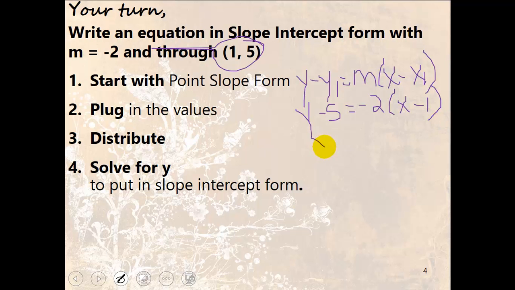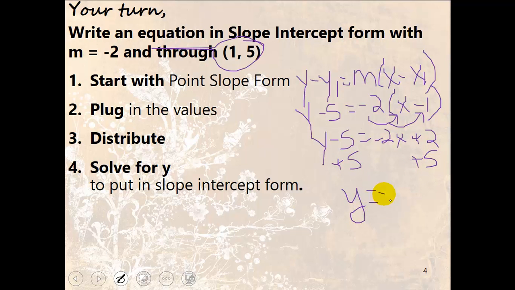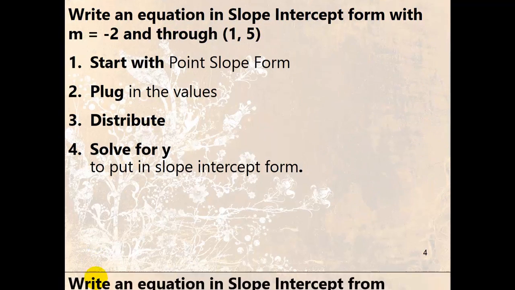I'm going to distribute: y minus 5 equals negative 2x plus 2, minus 2 times minus 1, and then I'm going to add 5. And so I get y isolated is negative 2x plus 7. And that's the correct equation for the line. It's in slope-intercept form, slope negative 2 and through the point (1, 5).